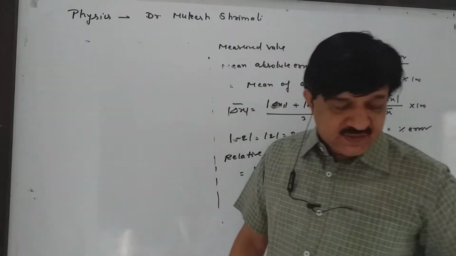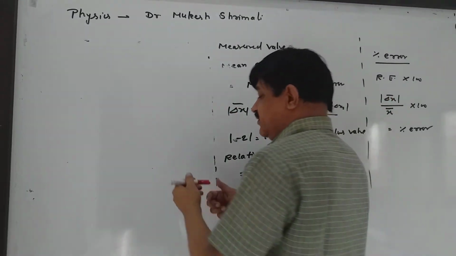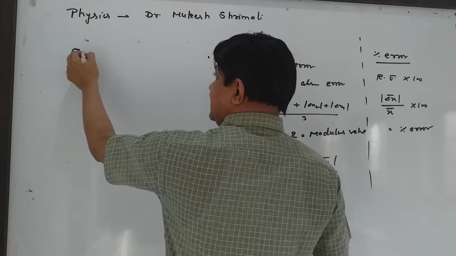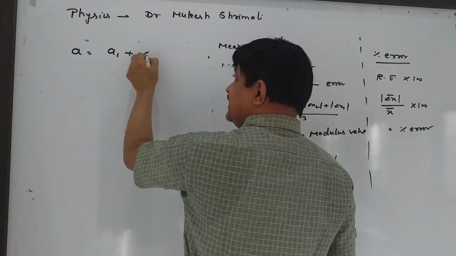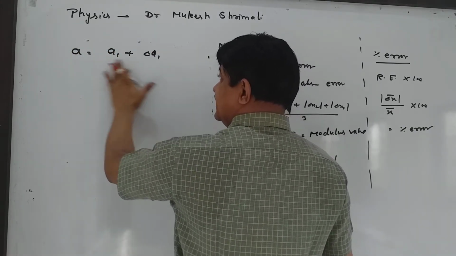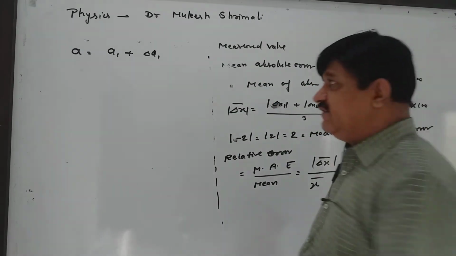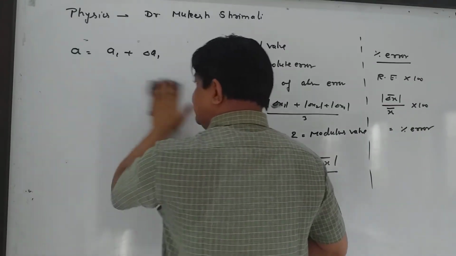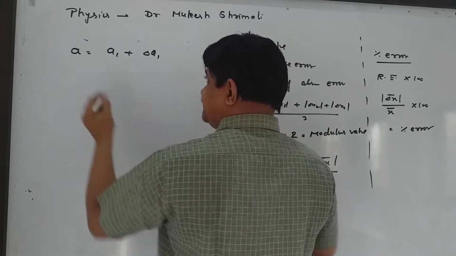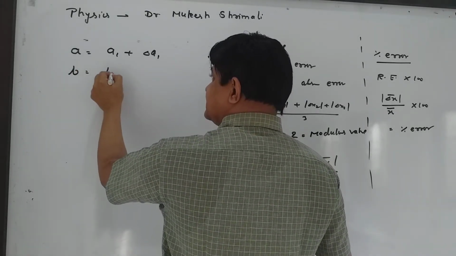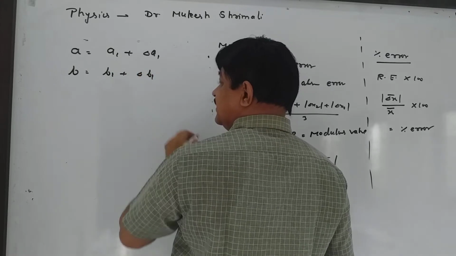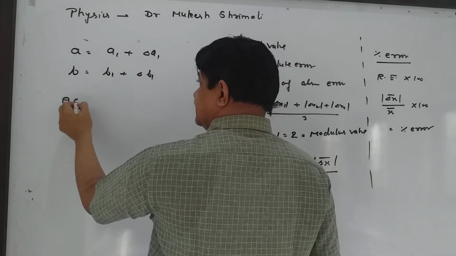Starting with the first one, say we have a value a1 plus del a1. This is the first value, which we call the a value. At the same moment, we have another value called the b value, b1 plus del b1. First is the addition.